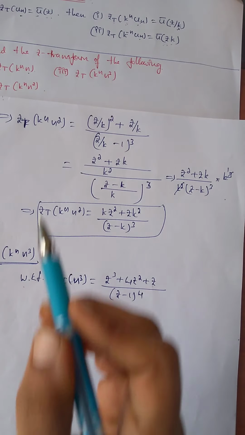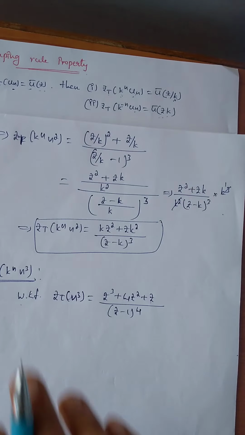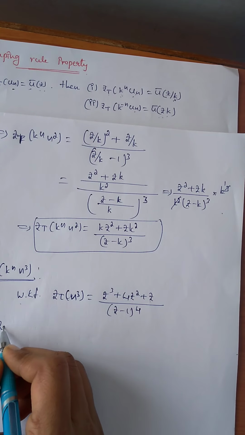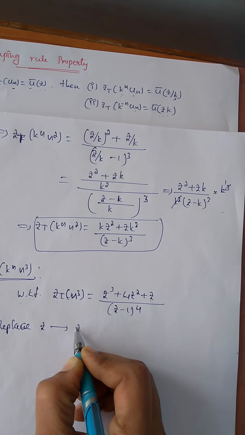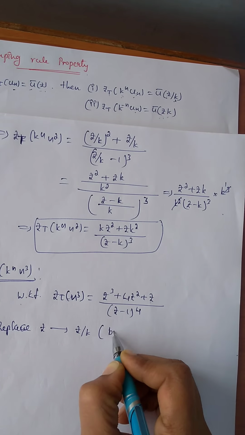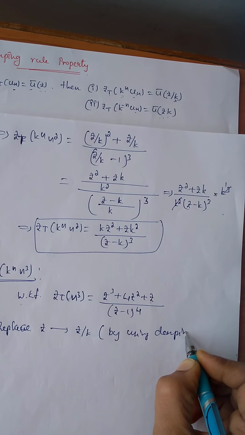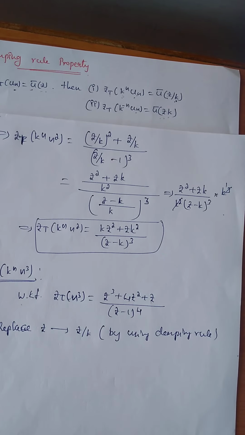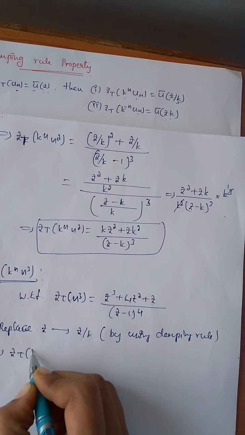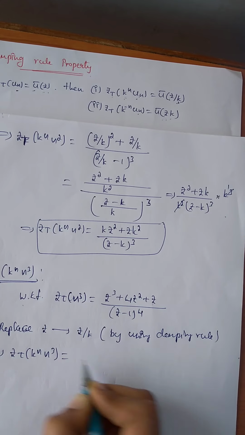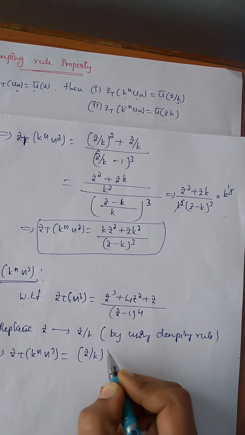For finding this, by using the damping rule property, we should replace z by z divided by k. We get the z transform of k to the power of n into n cube: z replaced by z by k, simplify, we get z by k whole cube.